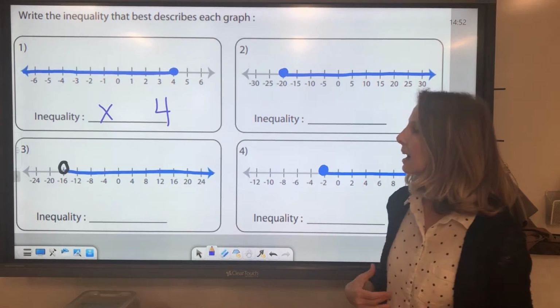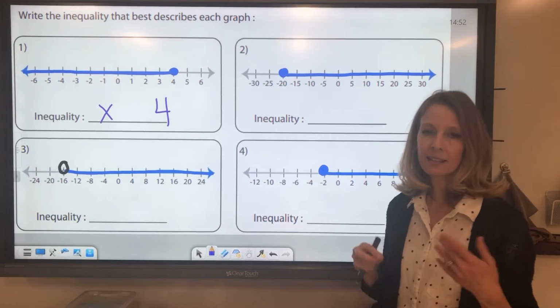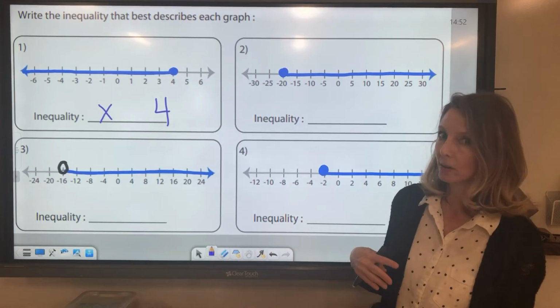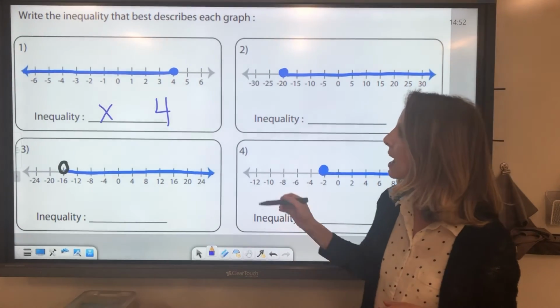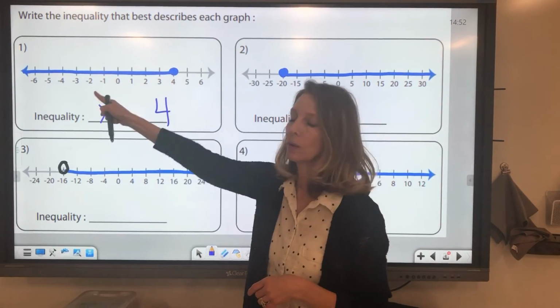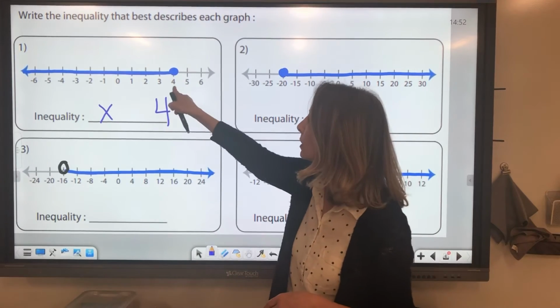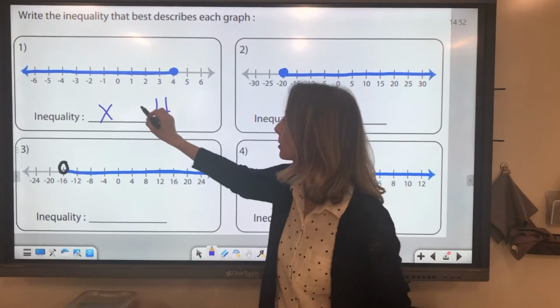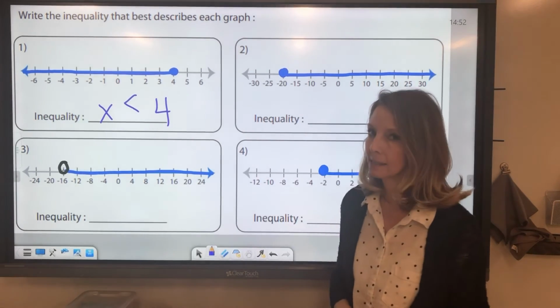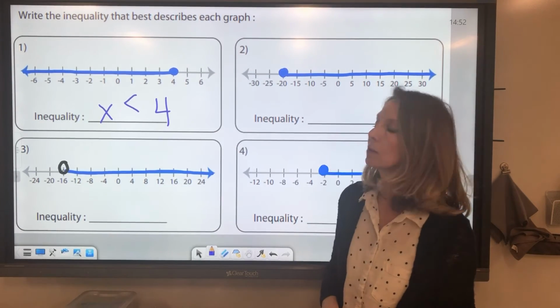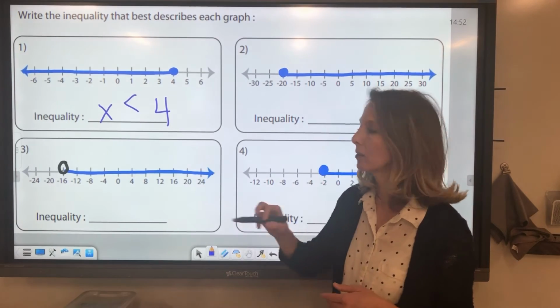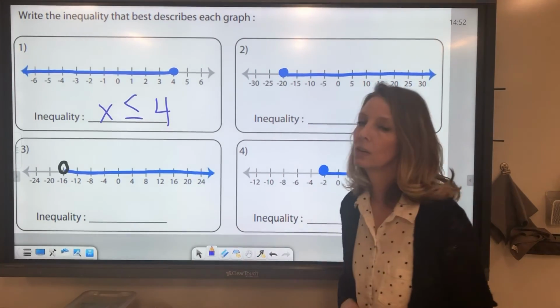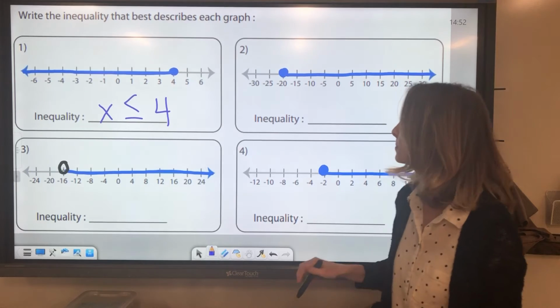Now I have to decide, is this greater than, less than, greater than or equal to, less than or equal to? And I notice that my line is going to the left. So 4, 3, 2, 1, the numbers are getting less or smaller. So a less than sign. I also notice that the 4 is colored in, or the dot is colored in, so it means or equal to. Let's try another one.